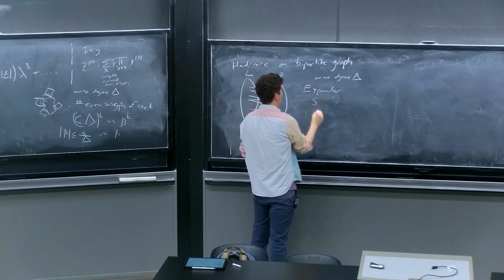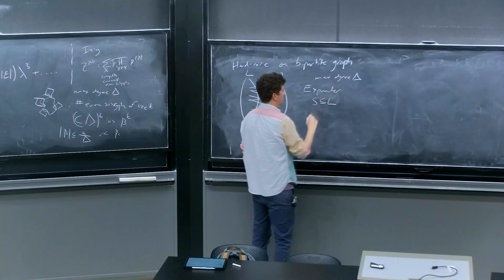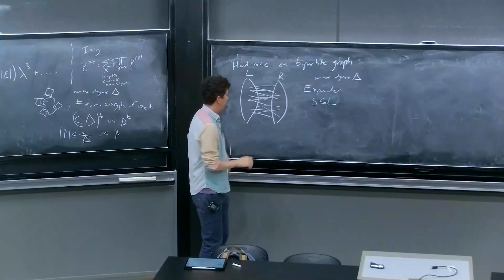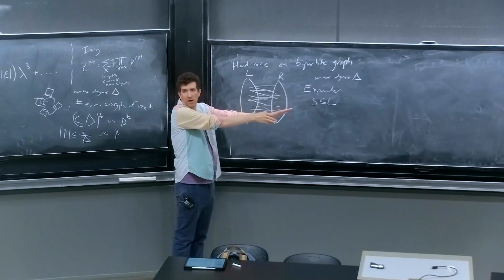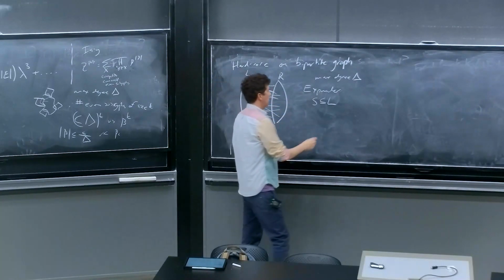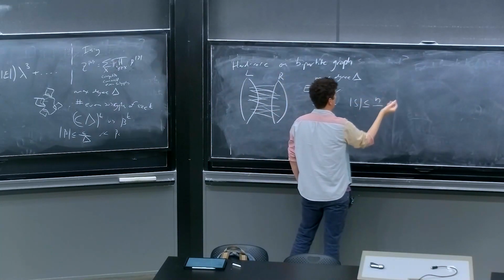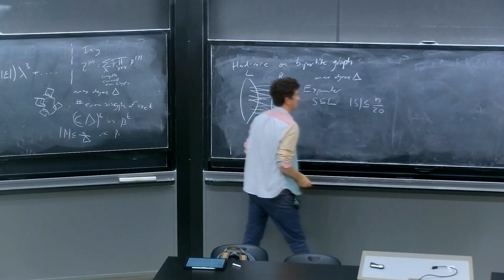If you have a set of vertices on one side, left or right, I want the number of edges going out to be large. Let's say the size of S is at most n over, I don't know, 20.